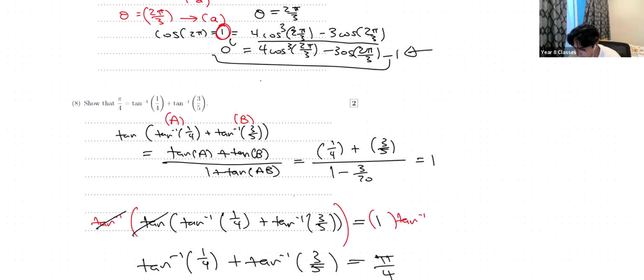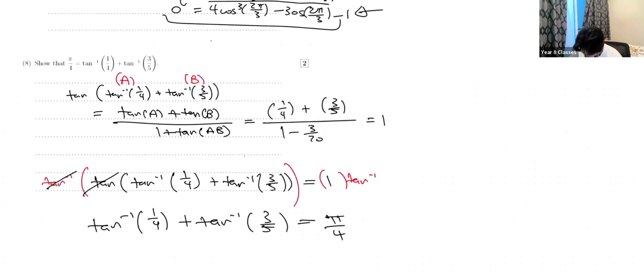Yeah, and just for clarity on how we got the 1 on 4 and the 3 on 5, essentially, I'll just show it for one of these. Say, for example, this was tan A. It would be tan of tan inverse 1 on 4, because that was our A in our expansion here.